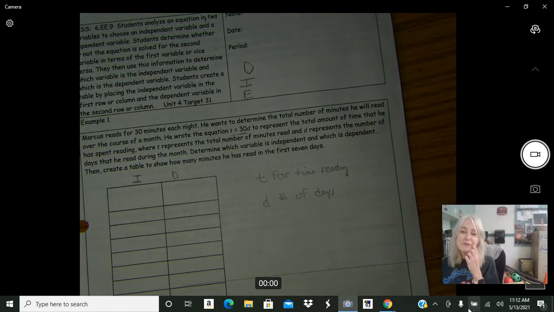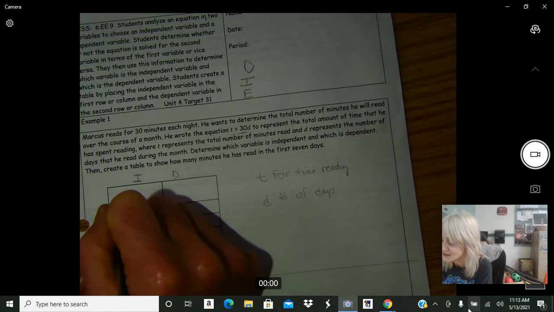So if we think about that, what variable is dependent? Which one is going to happen no matter what? Or you can think of it as which one depends on the other one. So in this case, days would be the independent variable.